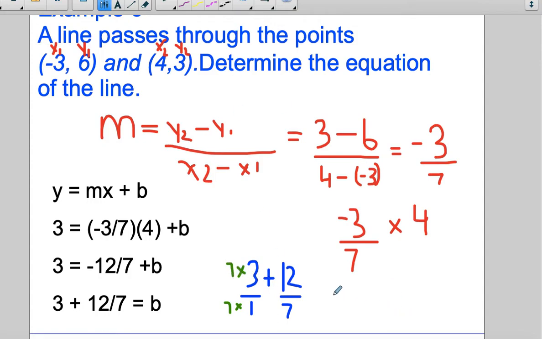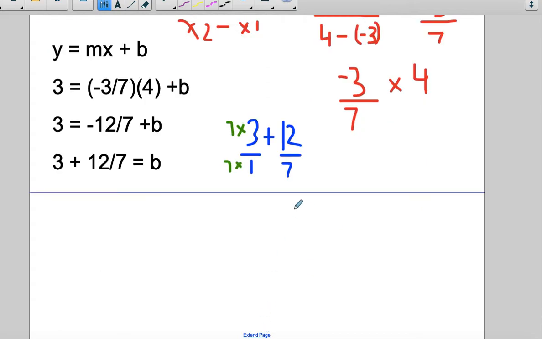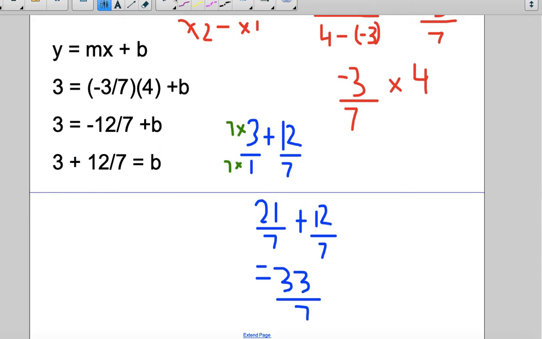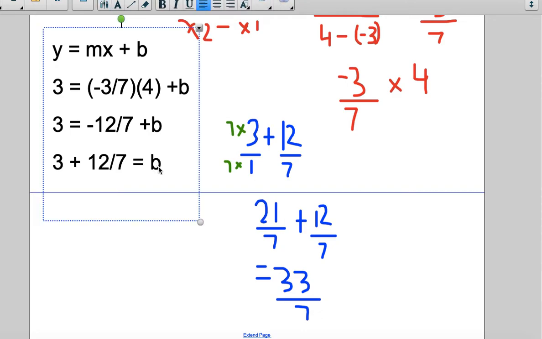So this is going to give us 21/7 plus 12/7. Adding fractions, we just add the numerators together. This is going to give us 33/7. So if we come back here to this equation, we're going to get 33/7 is equal to b.